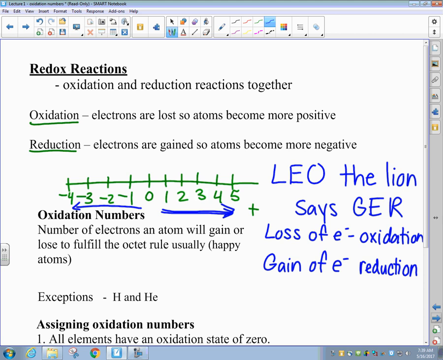So let's write this on here: this is an oxidation half reaction where there's a loss of electrons to become more positive. In a reduction half reaction, there is a gain of electrons, and if you gain electrons, you become more negative. So we're going in this direction on our number line.